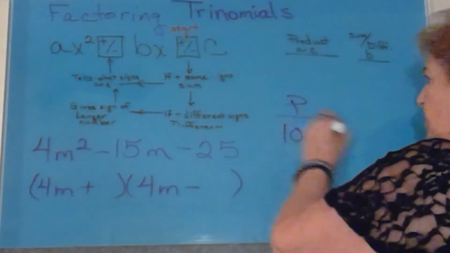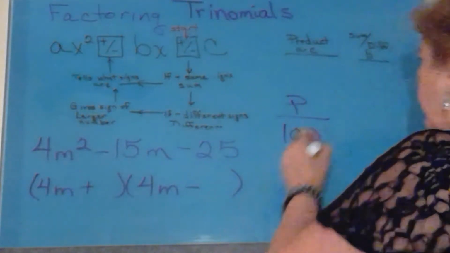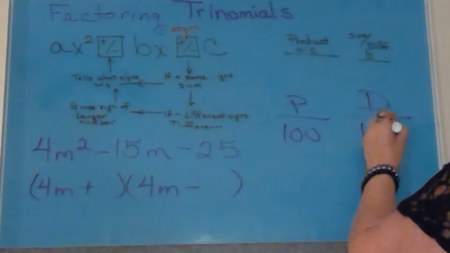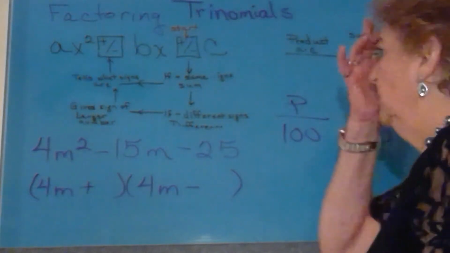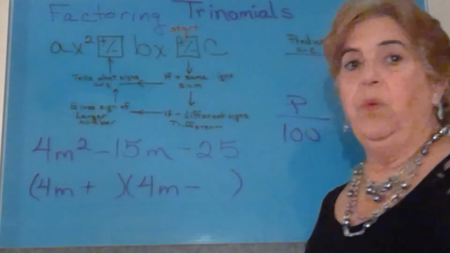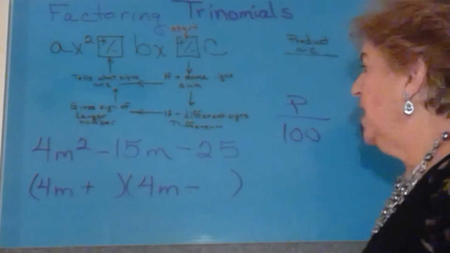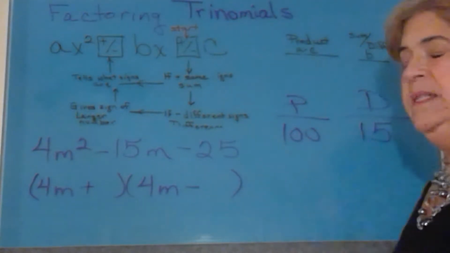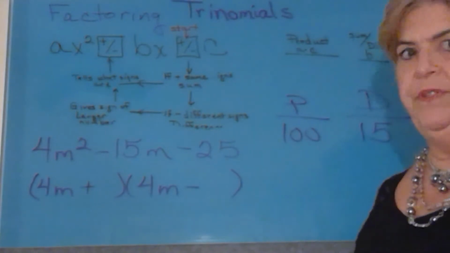That's 100. And I'm looking for a difference of 15. Well, 4 times 25 does not give me a difference of 15. 10 times 10 doesn't give me a difference of 15.